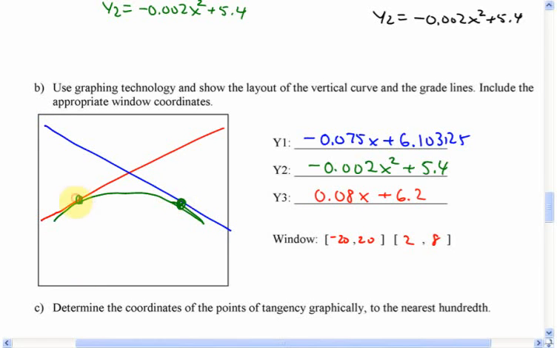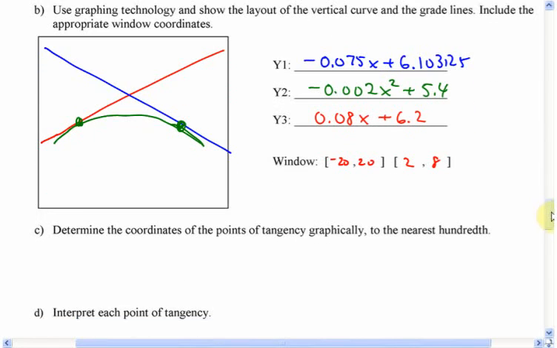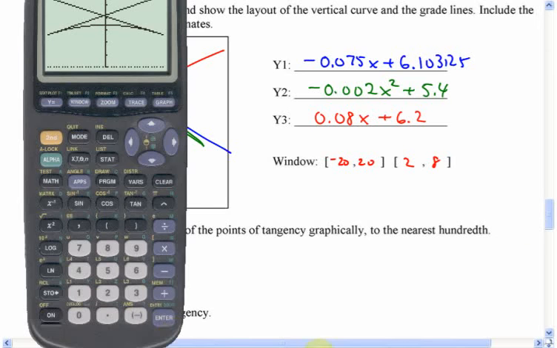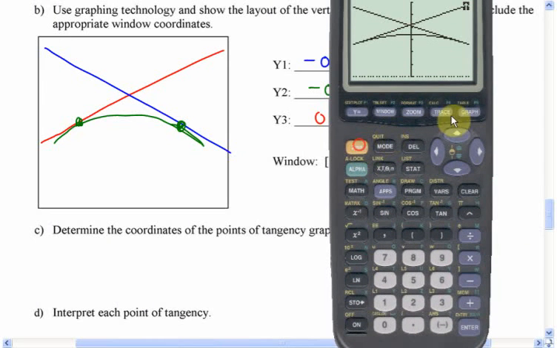And once again, let's see if we can figure out the intersection points, because that's what part C talks about. So let's go ahead and do that with your graphing calculator. Second calc, choose number 5. Now notice I have 3 curves, so it asks, what's your first curve? Well, I want my first curve to be the line moving upwards, so I'm going to use my down arrow keys to toggle back and forth.